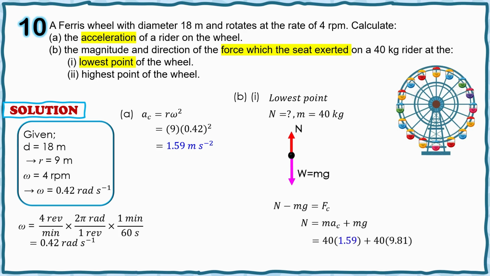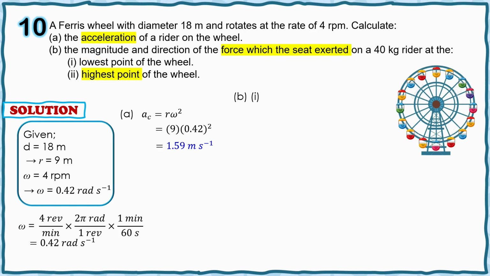Referring to the free body diagram, we get the equation N minus mg, because N is in the same direction as AC, is equal to FC. When you substitute and calculate N, you will get N at the lowest point is equal to 456 Newton. And don't forget to mention the direction, which is upward, as shown in the free body diagram.